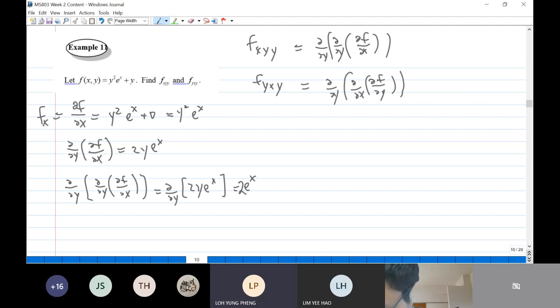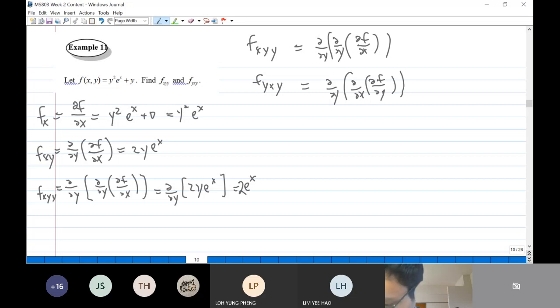You see like you write three fractions, very long. That's why you can just make it shorter by writing fxyx. If you write this, this is actually fxy, and this is actually fxyy. Yes. So just a notation here.